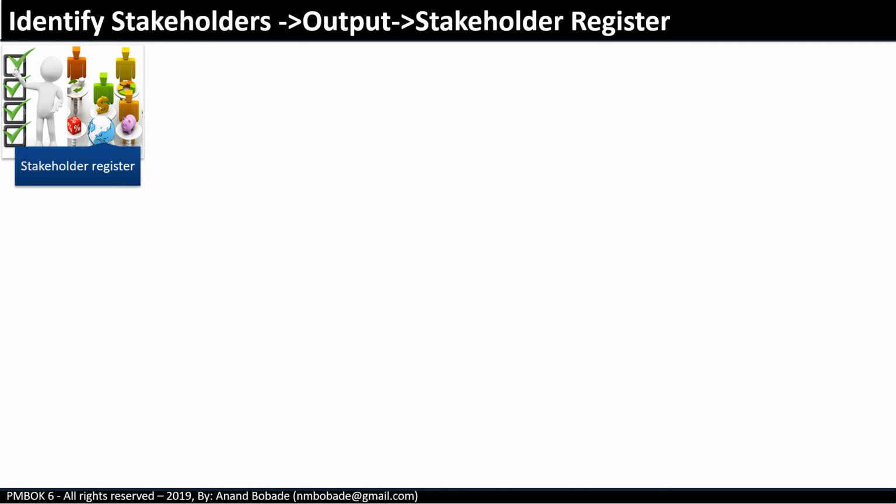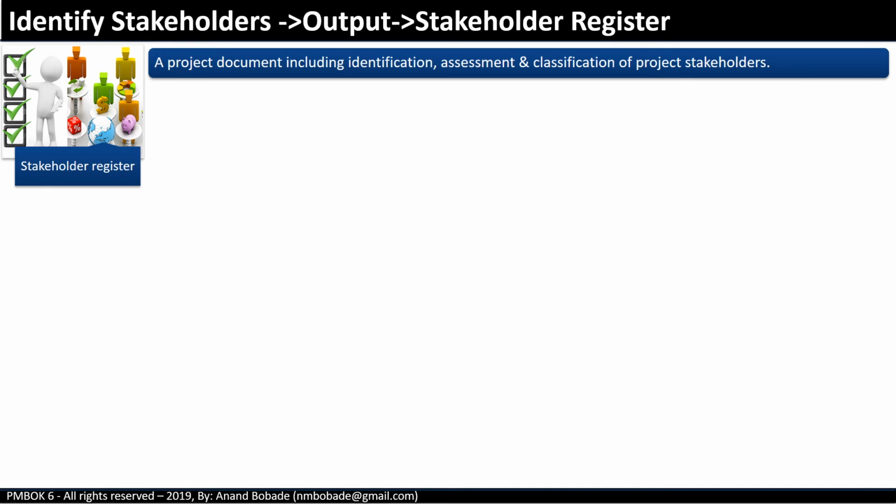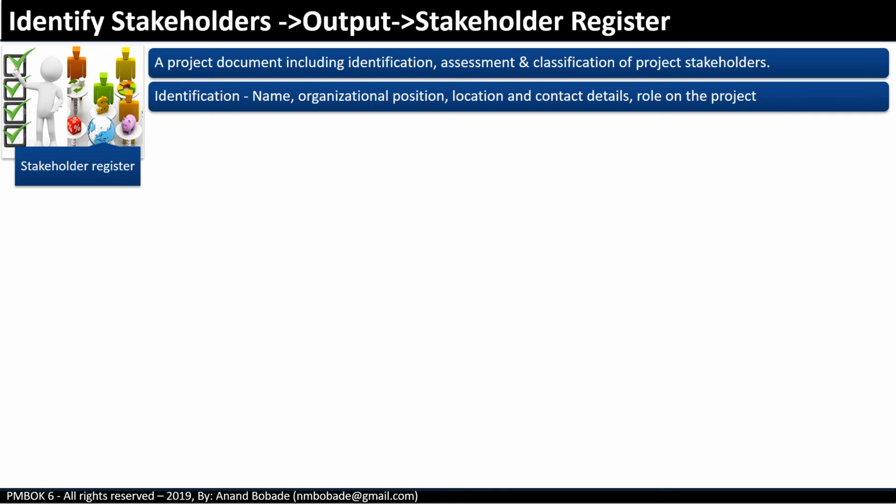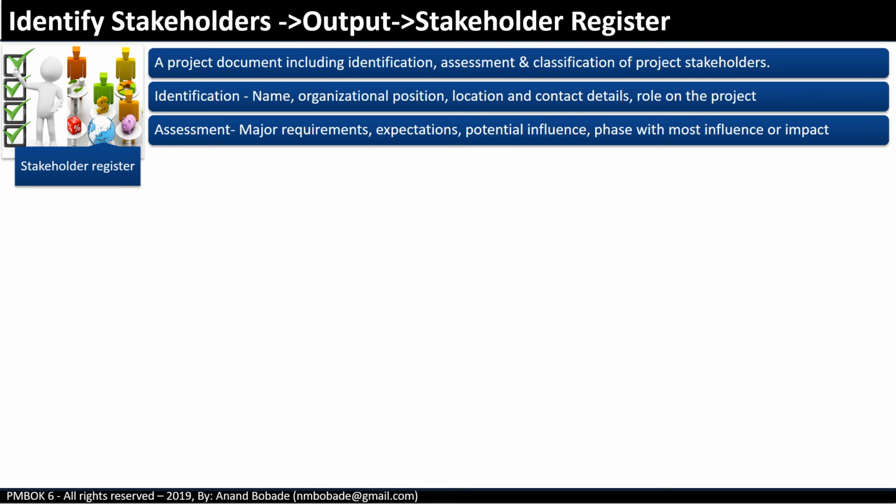What is the stakeholder register? It is a project document including identification, assessment, and classification of project stakeholders. Identification covers name, organizational position, location, contact details, role on the project, etc. Assessment helps you understand major requirements, expectations, potential influence, and phases with most influence or impact.